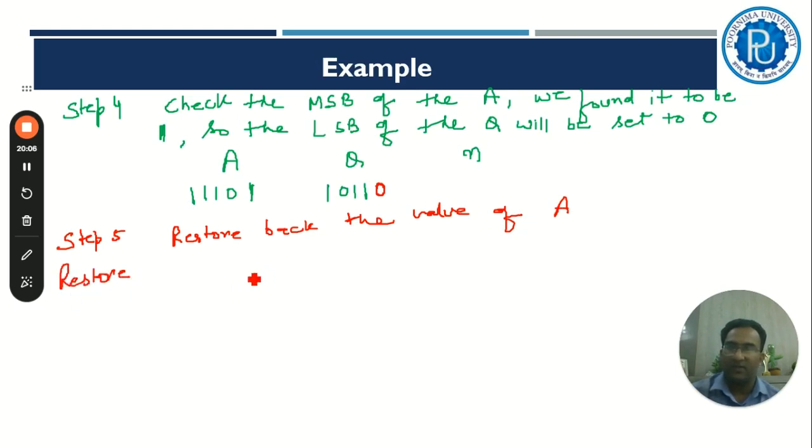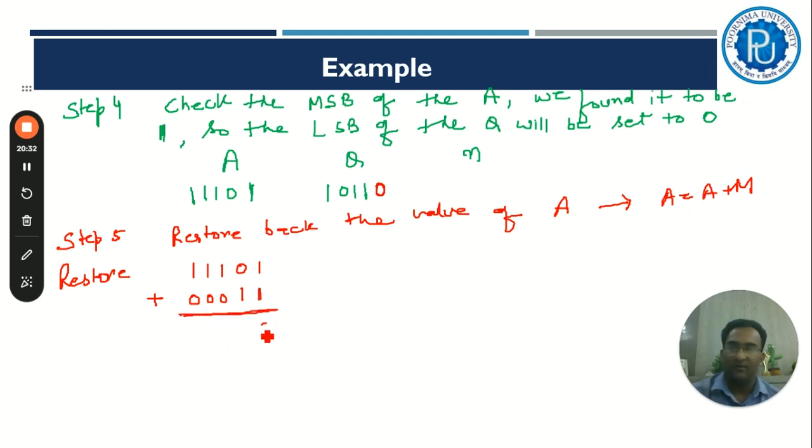The restore method is the value of A is 11101. To this we are going to add the value of M, 0011. So basically, how you are restoring? You are doing A equals to A plus M there. Okay, so we are going to restore back.